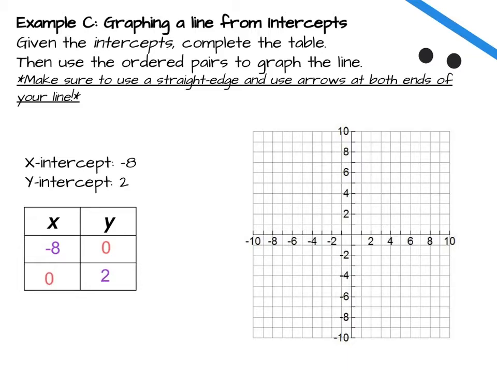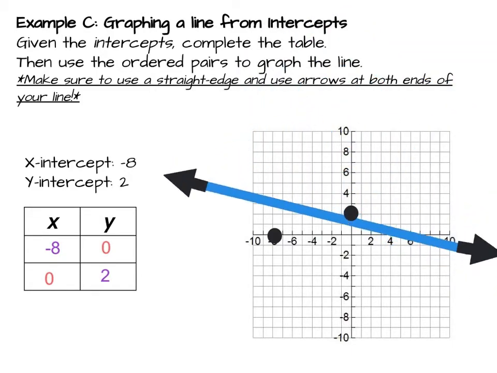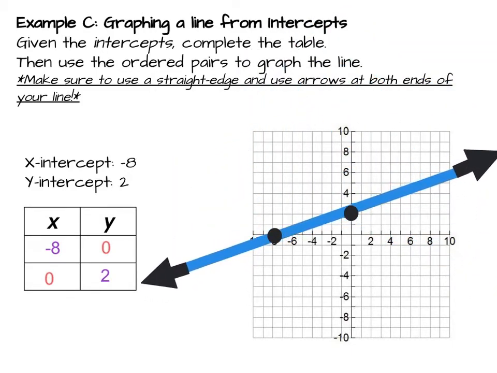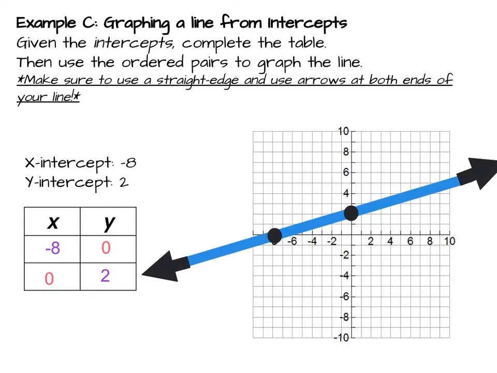Now that we've completed our table, we're going to use those ordered pairs to plot our points. So our first point is at -8, 0. And our second point is at 0, 2. So I'm going to use the straight edge and connect our two dots together. And there's our linear equation.